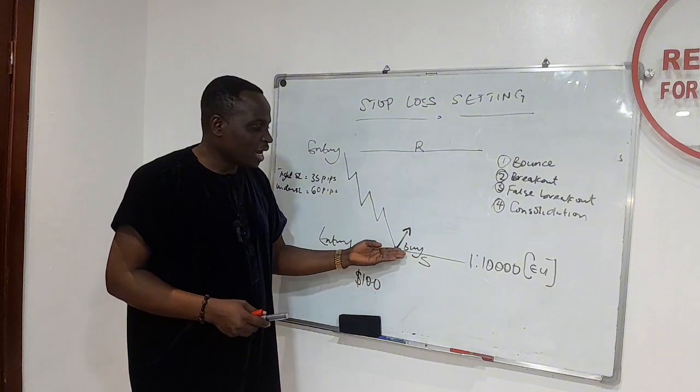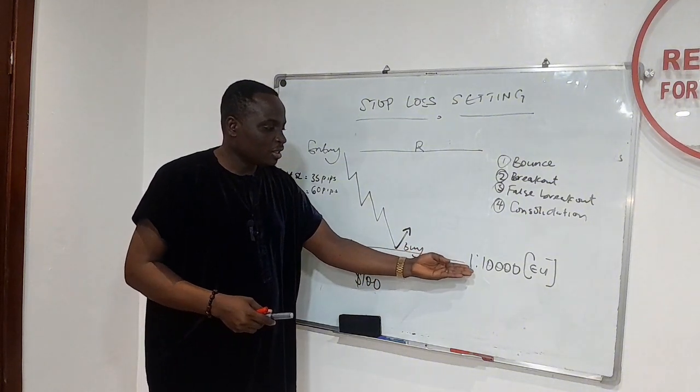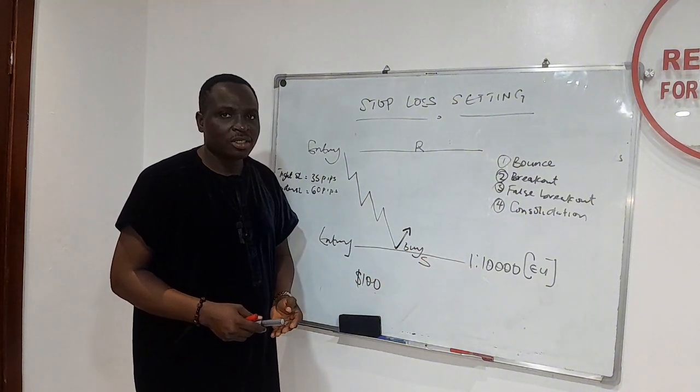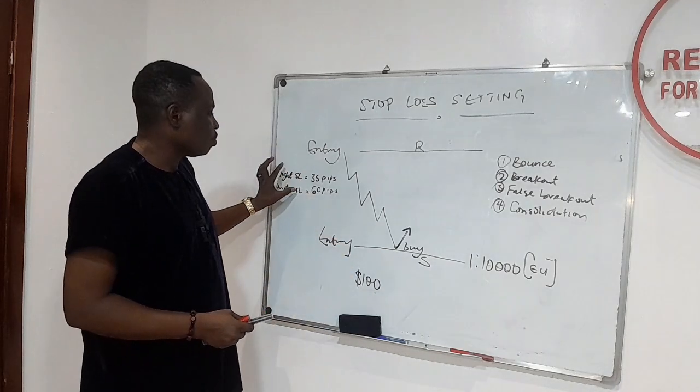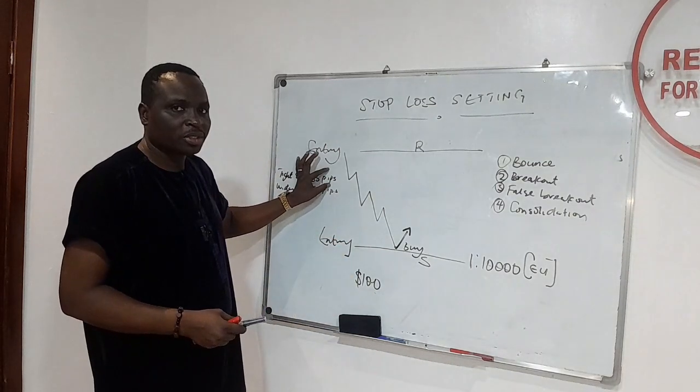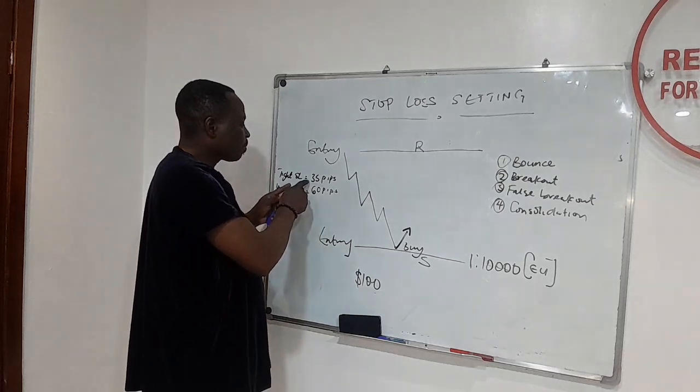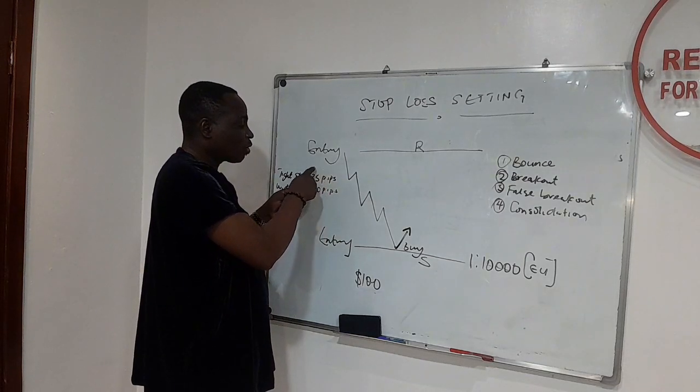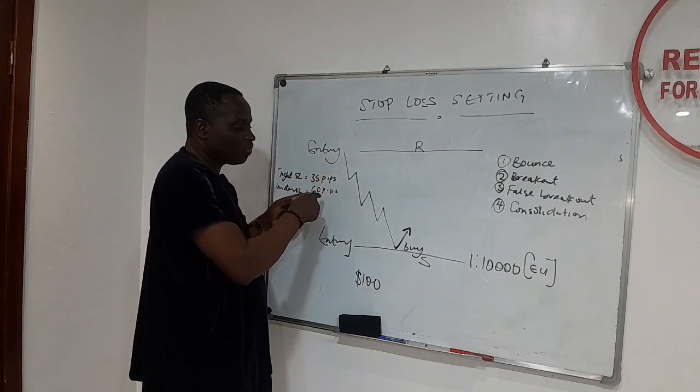Now, my entry is at 1.10100. Let's assume we want to use a tight stop loss. The recommended tight stop loss is 35 pips.